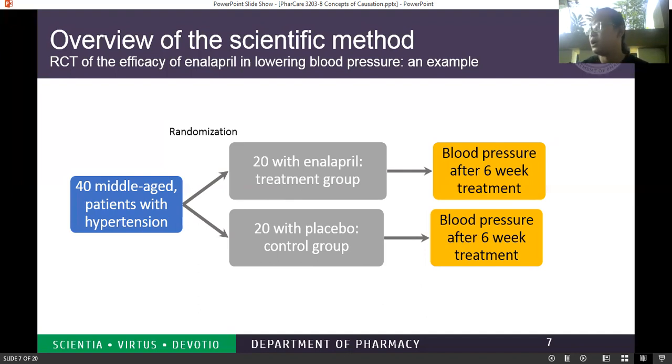If we find a significant result from this trial, then we fulfill the second stage of the scientific method, and we can go to the third stage.